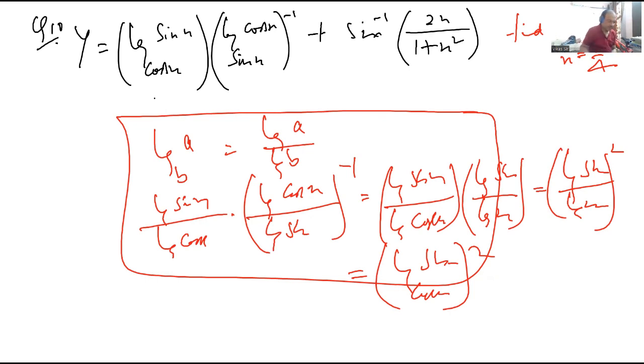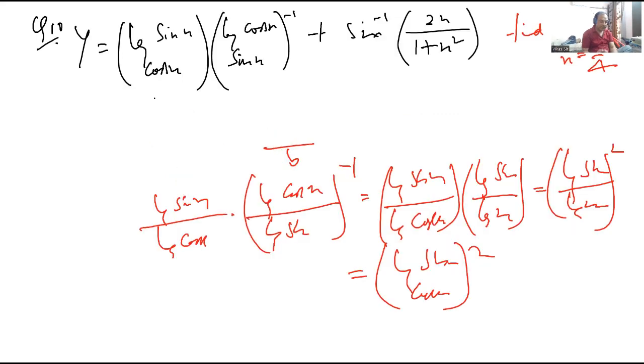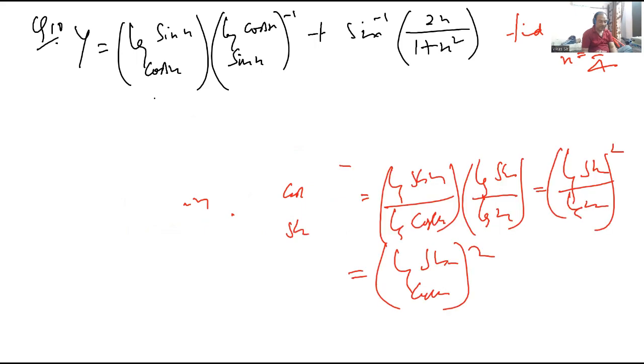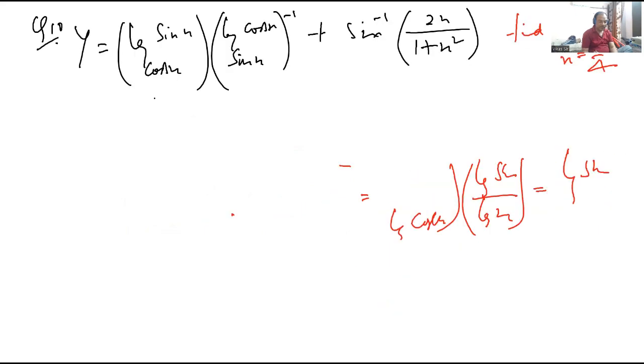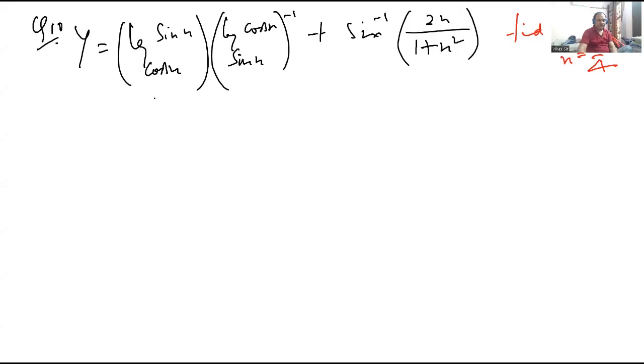Understand it? Okay. This is the reason why I am writing all these things. The second thing is I have to write about sine inverse 2x and all these things. In the second part, you have sine inverse 2x over 1 plus x square.